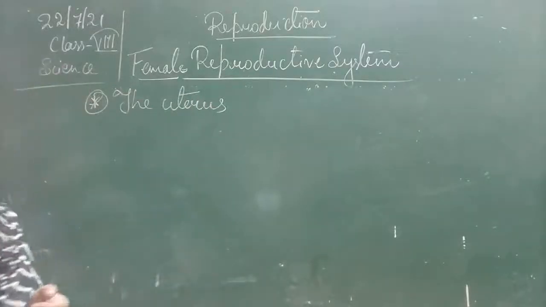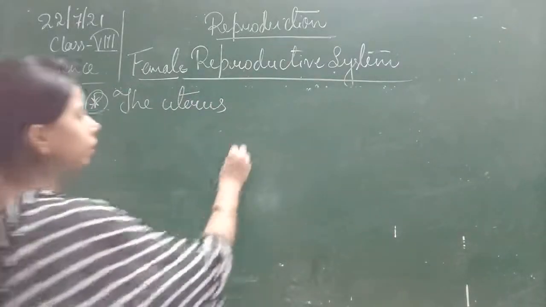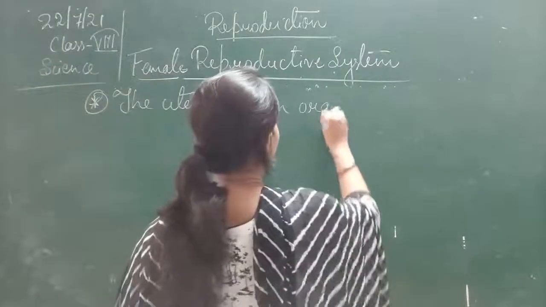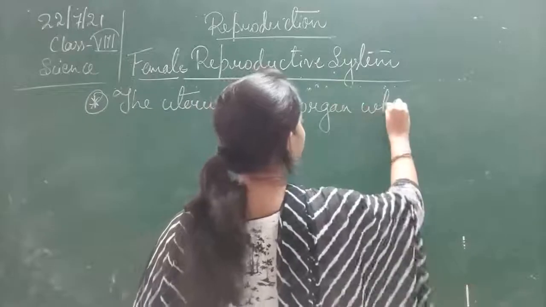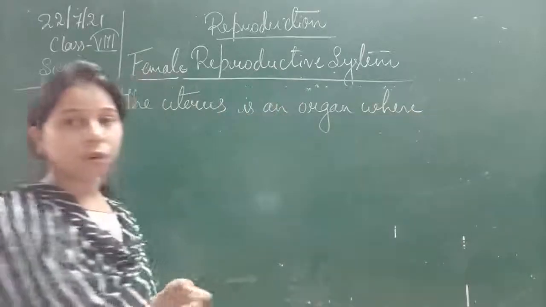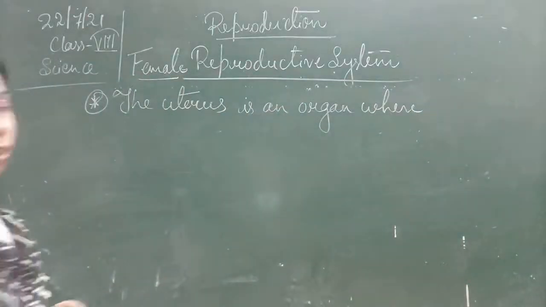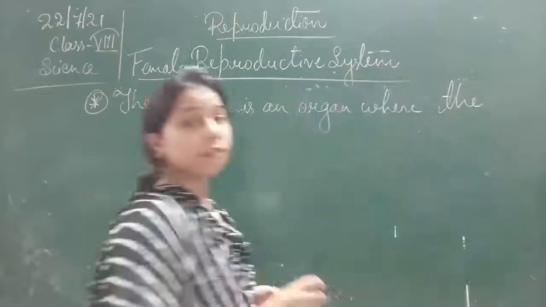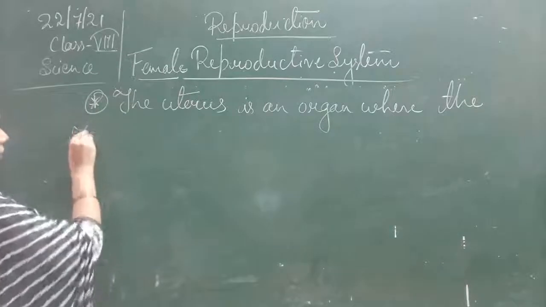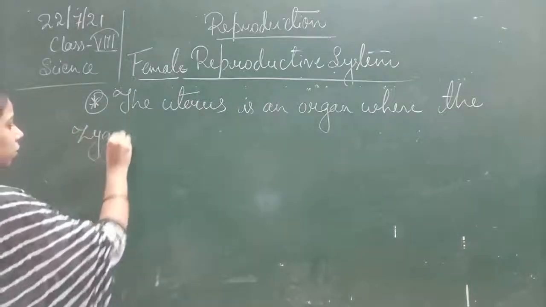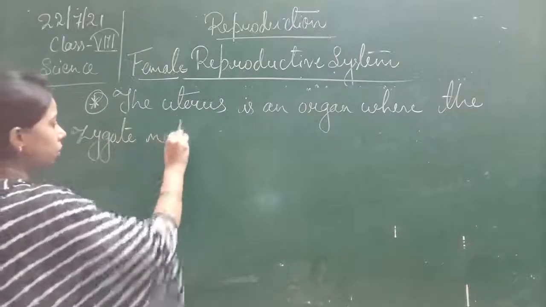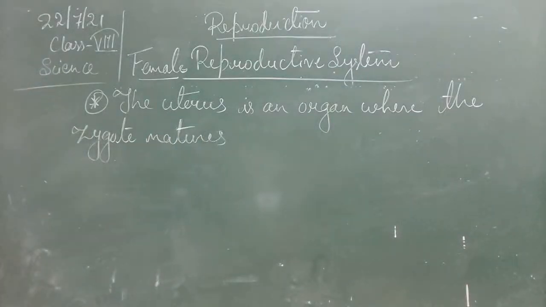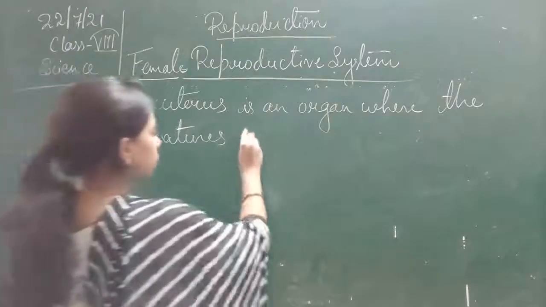The uterus is an organ where the zygote matures until its birth.